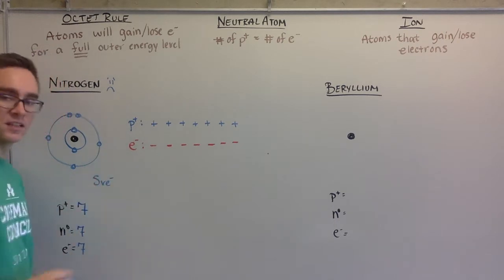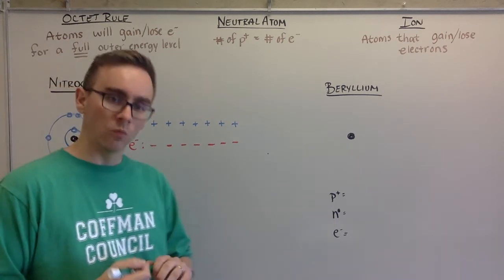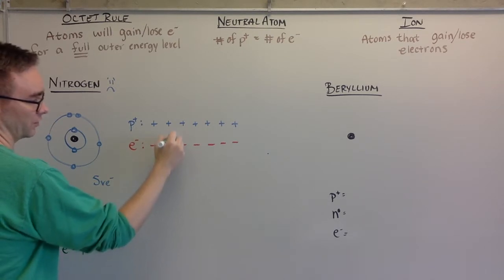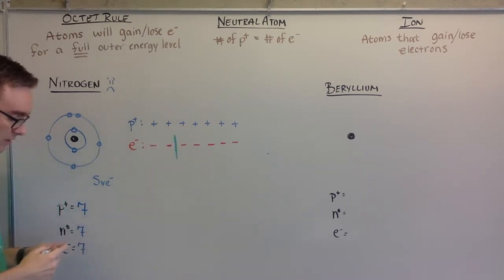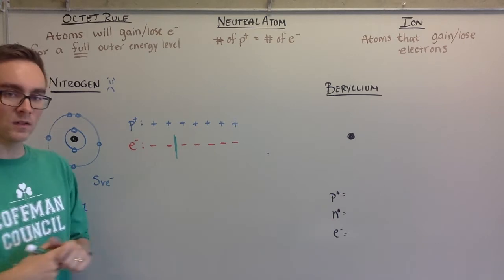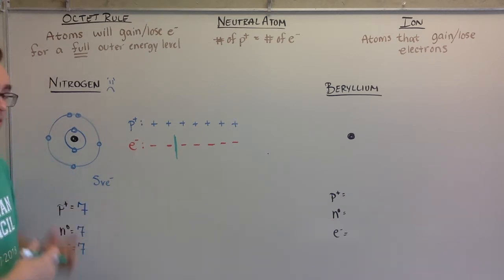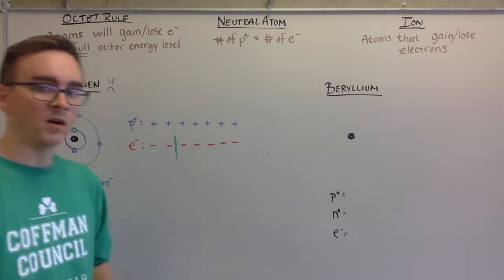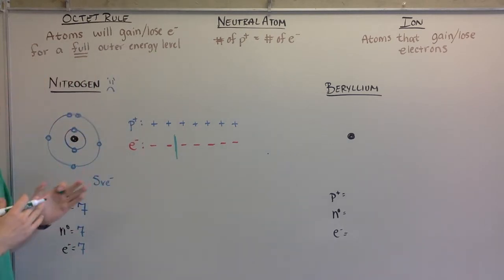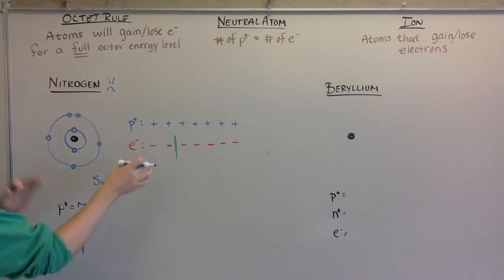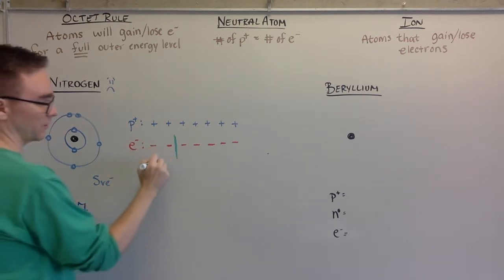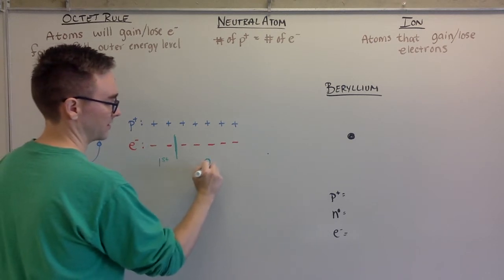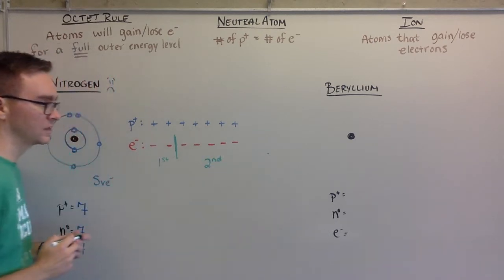And then what I'm going to do with just the electrons, all right? Just the electrons. I'm going to draw a little line between the second and third one. And the reason I'm doing that is because this would represent the electrons in the first energy level, and this would represent the electrons in the second energy level. All right.